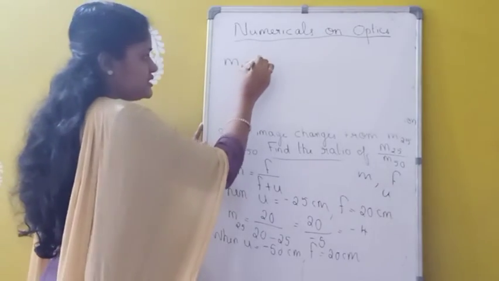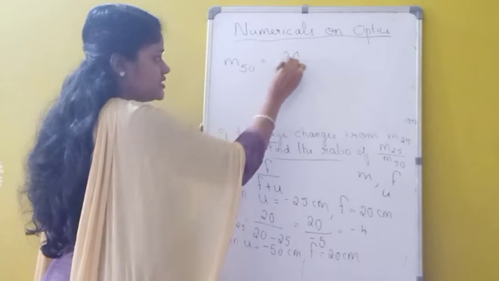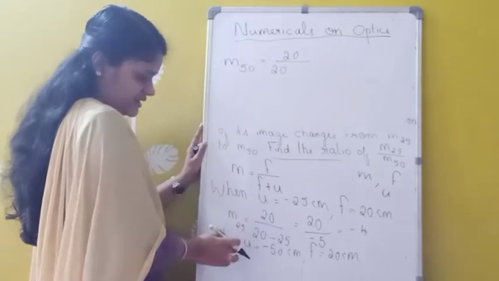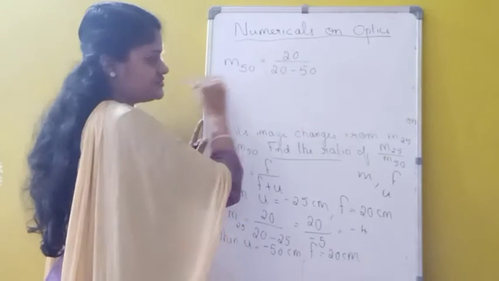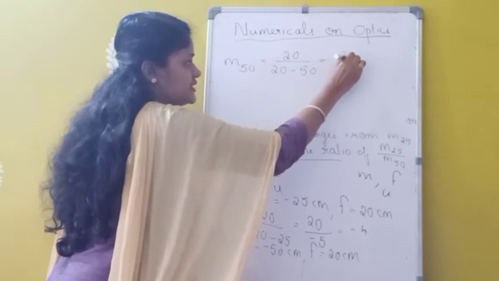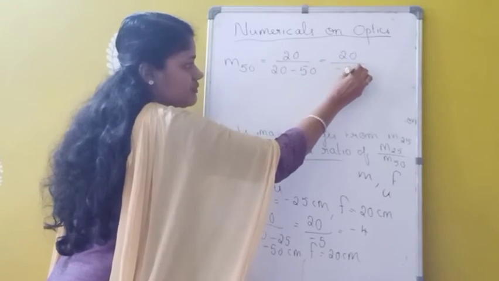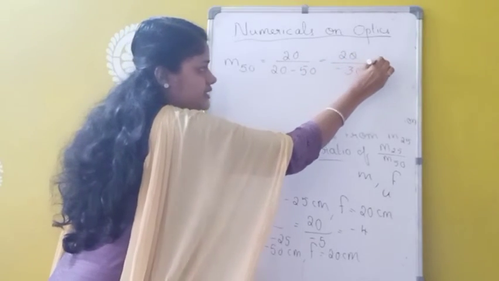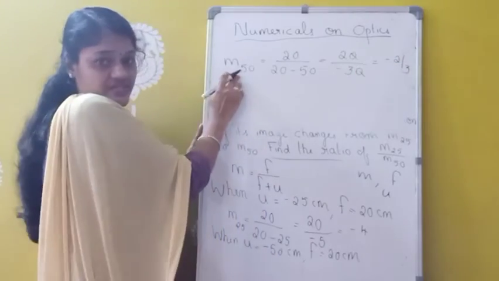So M50 equals, so what is focal length here? 20 divided by, so again 20 minus, what is U here? Minus 50. 20 minus 50. That is equivalent to 20 divided by, so 20 minus 50 is minus 30. So cancelling, you will be getting minus 2 by 3. This is magnification at 50 centimeters.